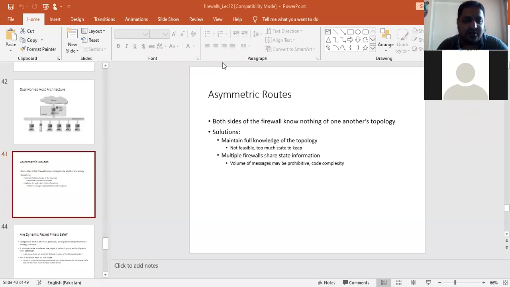Maybe that route would be more secure for that packet. So in this way we have different types of routes defined for a particular packet, and we can select a particular route for it.